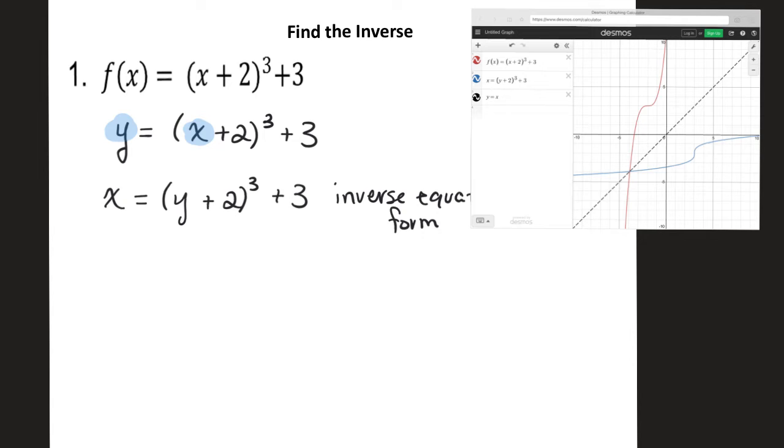To solve for y, we need to undo the operations that are happening to y. We want to start on the outside and work our way towards the y. So the first thing I'm going to do is subtract 3 on both sides of my equation. Subtracting 3 on both sides will get rid of the 3 and put it on the side with x.